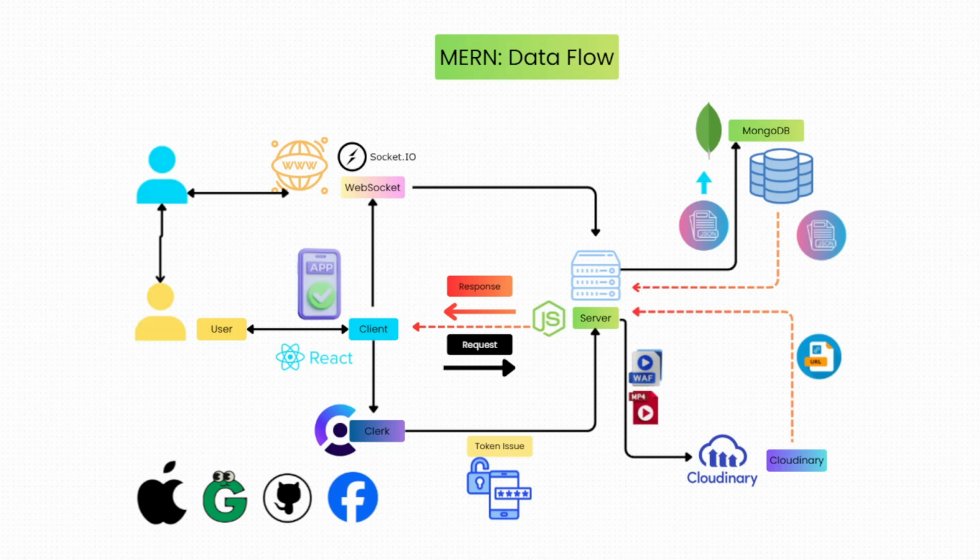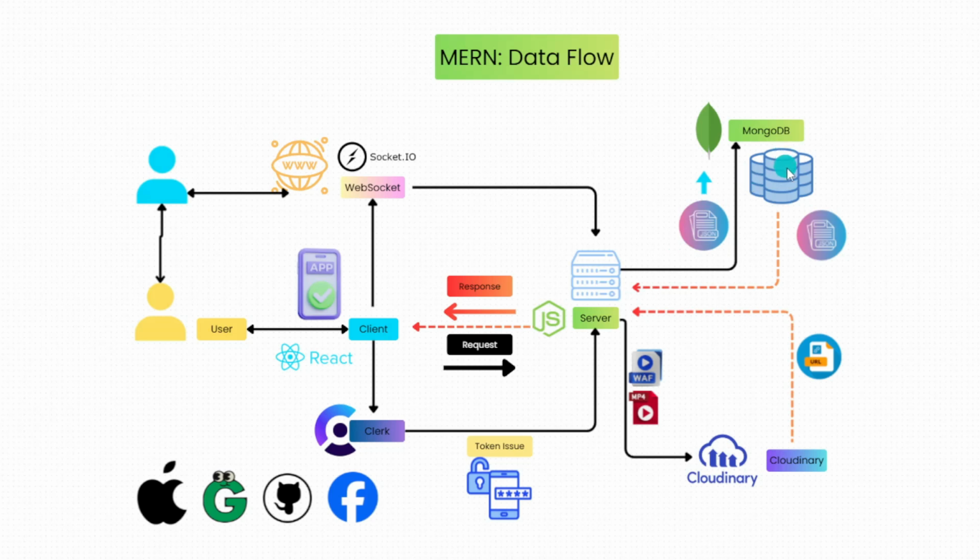So for example, let's say the user wants that post again on our React app. So the user can send a get request, and then the server queries the data, right?